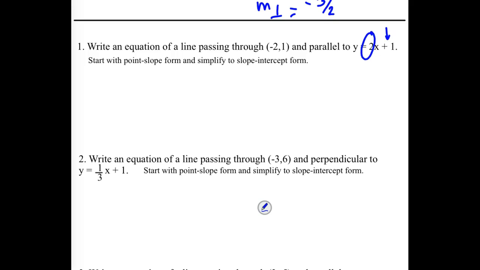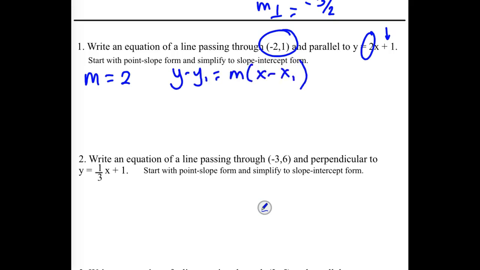Okay? So we want a line that has a slope of 2, and we want it to go through the point -2, 1. Which type of equation are we going to start with? Point slope, and then eventually we want to simplify it down to slope intercept. We've got our y minus y1 equals m times x minus x1.